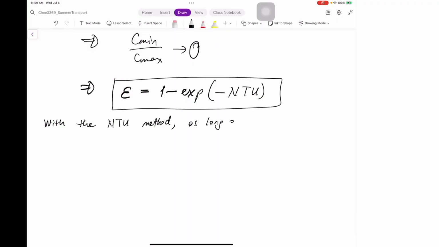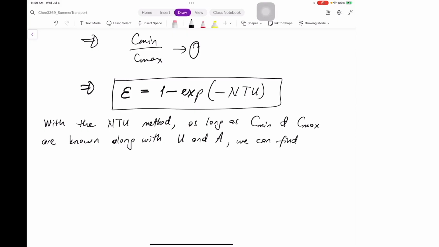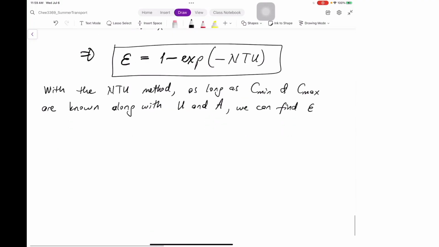As long as C_min and C_max are known, along with U and A, we can find epsilon, which will relate the 2 unknown temperatures.